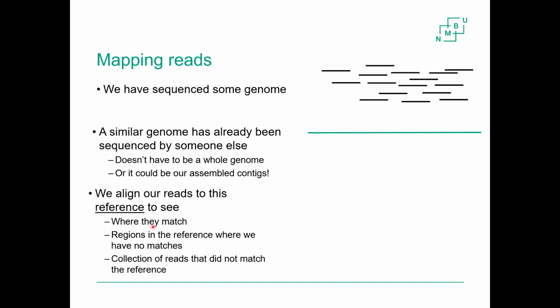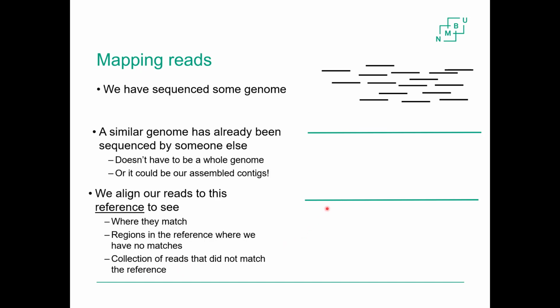We want to see where the reads match, of course, because that means this genome is similar or identical to this one in those regions. We also want to see regions in the reference where we have no matches. That also gives us some information, and we can collect reads that did not match the reference.